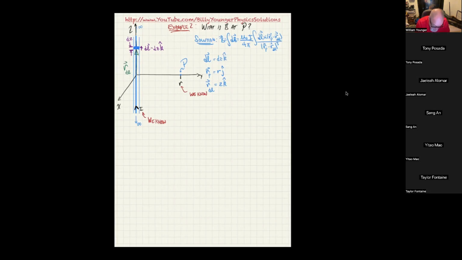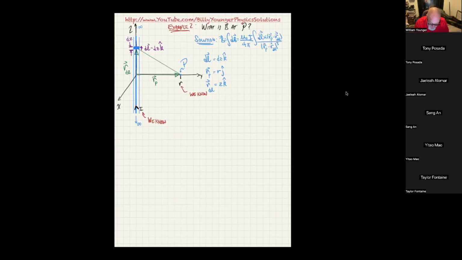This vector right here from the origin to P is rp. And then the distance that we're talking about is actually along this line right there. Anybody want to guess?